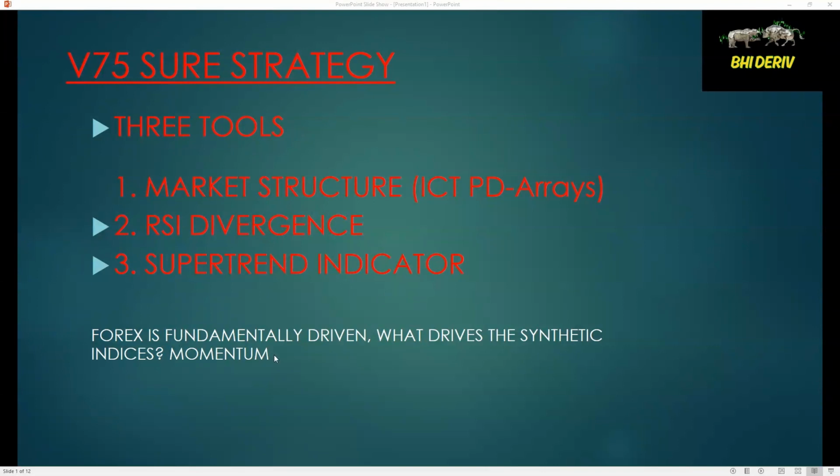In order to see some success in the volatility trading industry or derivatives in general, if you do not have knowledge about momentum, you need to learn how it moves the synthetic markets and how it affects the market. This is what I'll explain in this video as well. So have it at the back of your mind: what drives the synthetic market is nothing other than momentum.